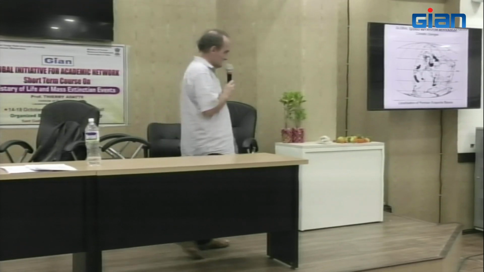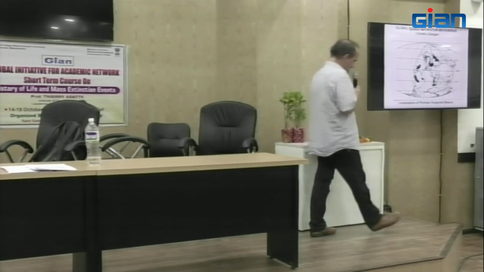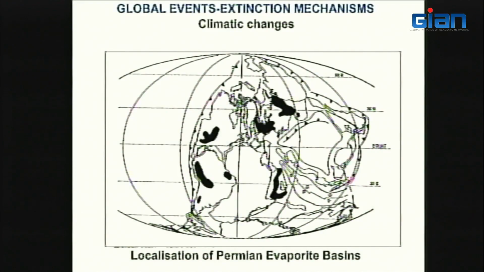And I think this is very important because below this evaporite, in Siberia, you also have some coal. And this is where you have the maximum of eruption. So it means that the magma will cross this coal and this evaporite.